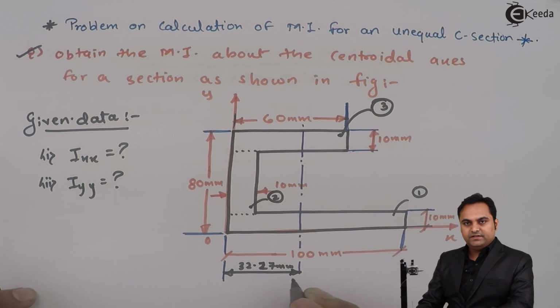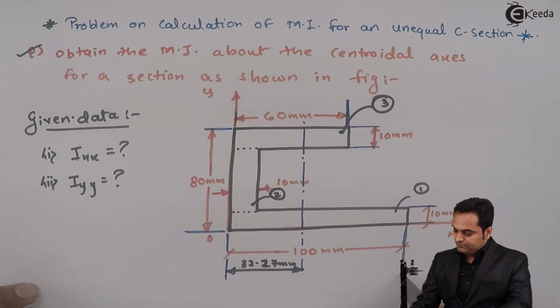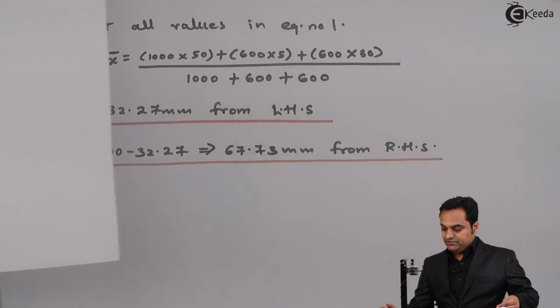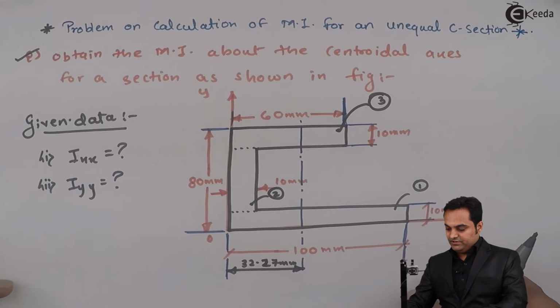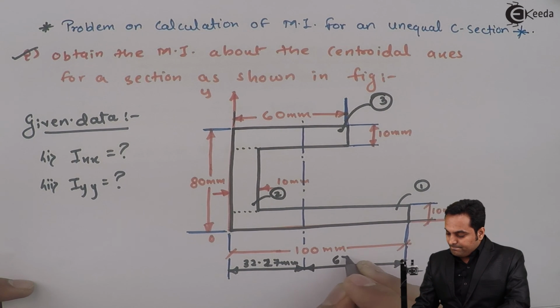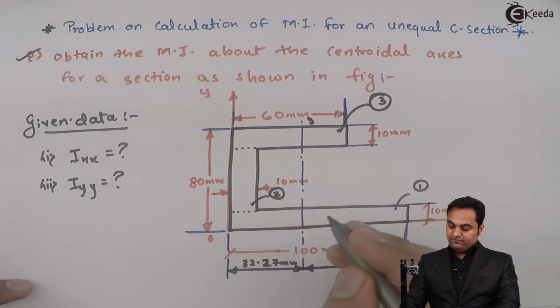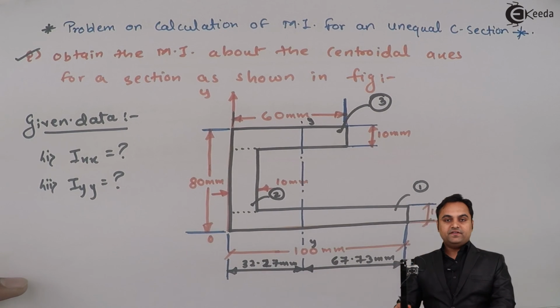Next, from the other side, that is the right hand side, the value is 67.73 mm. So this is the y-axis for this unequal C section.